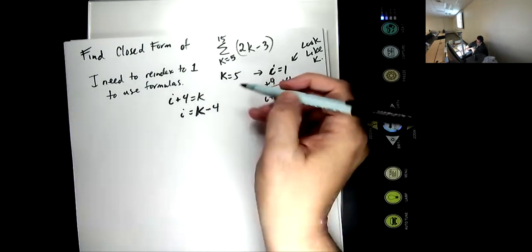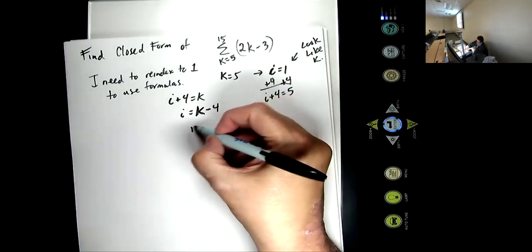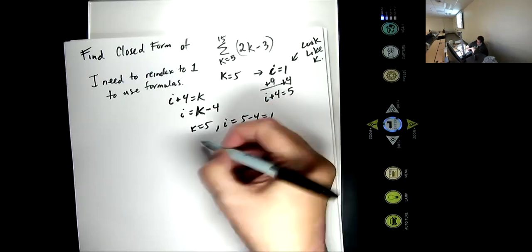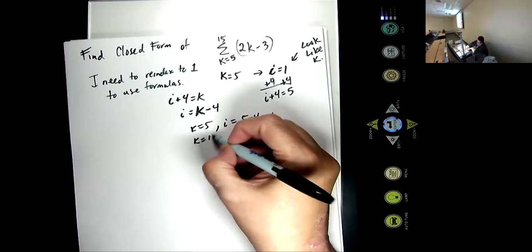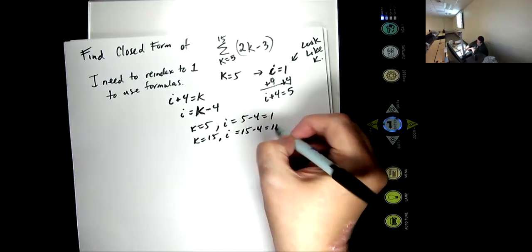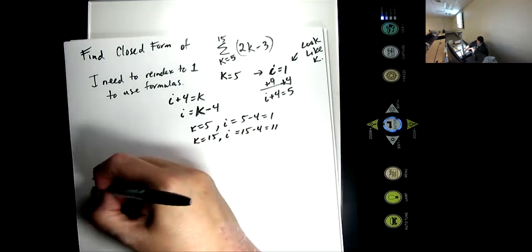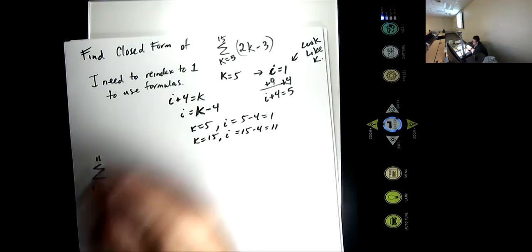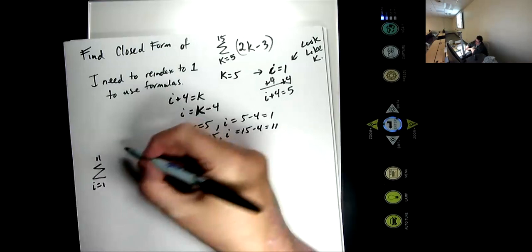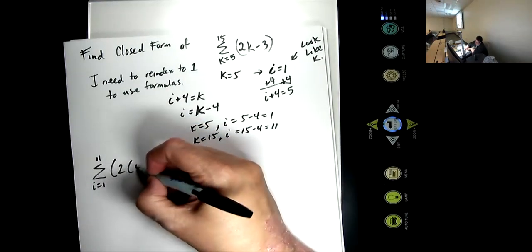So if I do that, when k equals 5, i equals 5 minus 4, which is 1, which is what we wanted. When k equals 15, i equals 15 minus 4, which is 11. So we are going to re-index to i equals 1 to 11, and k equals i plus 4.